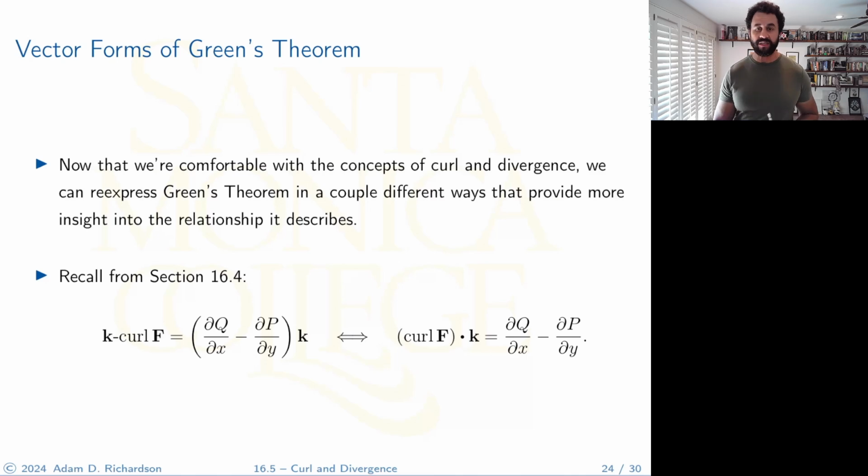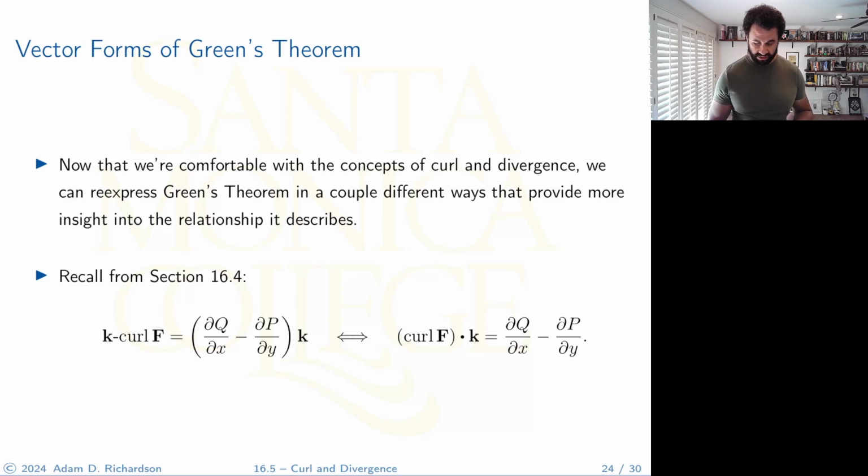So these are basically just re-expressions of Green's theorem using vector notation instead. And now that we know what curl is and divergence is, and we have these notions of what they do, we can re-express Green's theorem in a couple different ways that give you a little more insight into what it's actually describing.